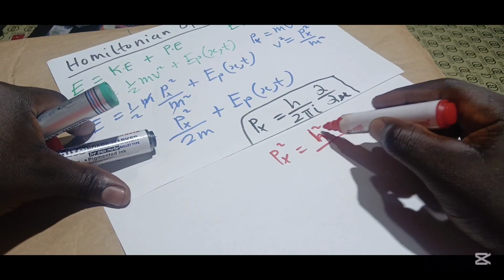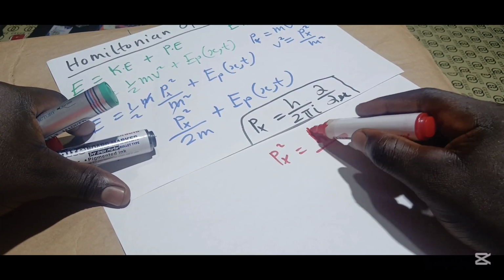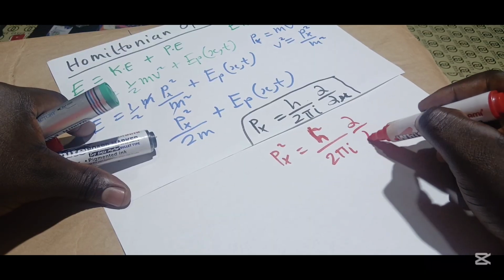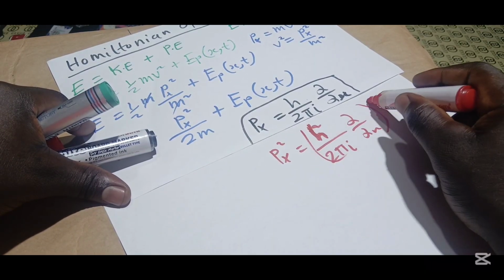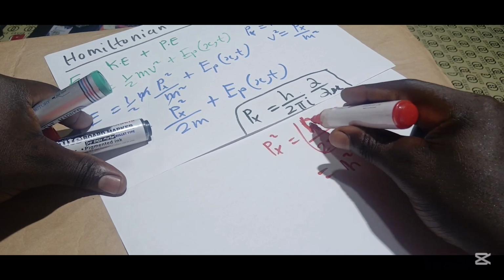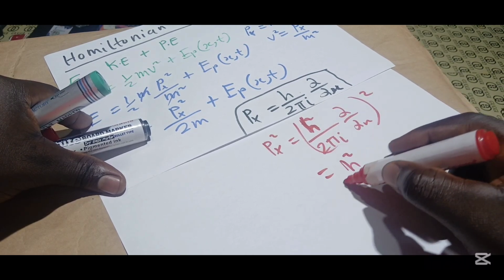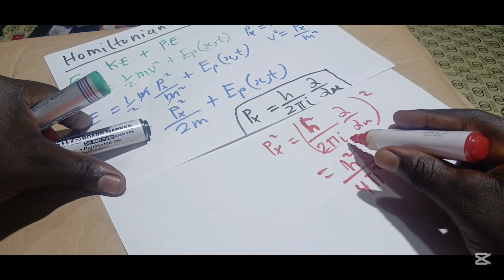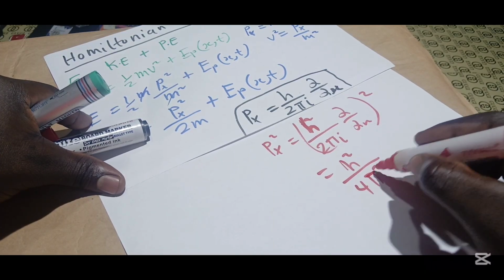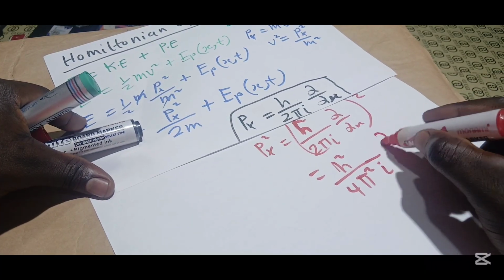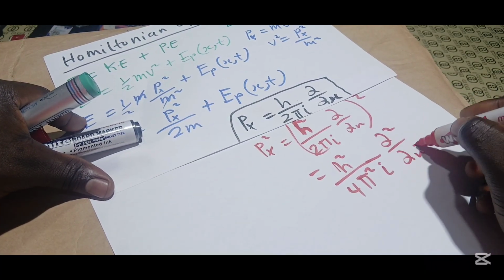Let me write it this way in order not to confuse myself and you: h over 2 pi i, d over dx, all squared. If we expand it, the square will affect h, and it will affect 2. 2 squared gives us 4, pi squared, i squared. Let me write just i squared; we will look at it later. And then d squared over dx squared.